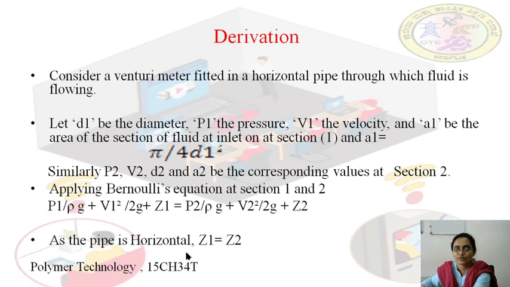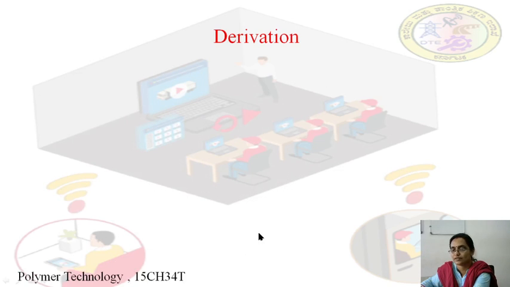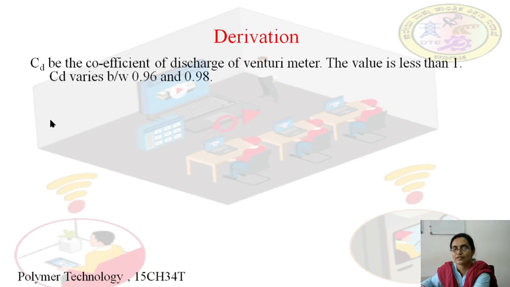As the pipe is horizontal, Z1 equals Z2. It is the energy due to height. Now coming to the next part.